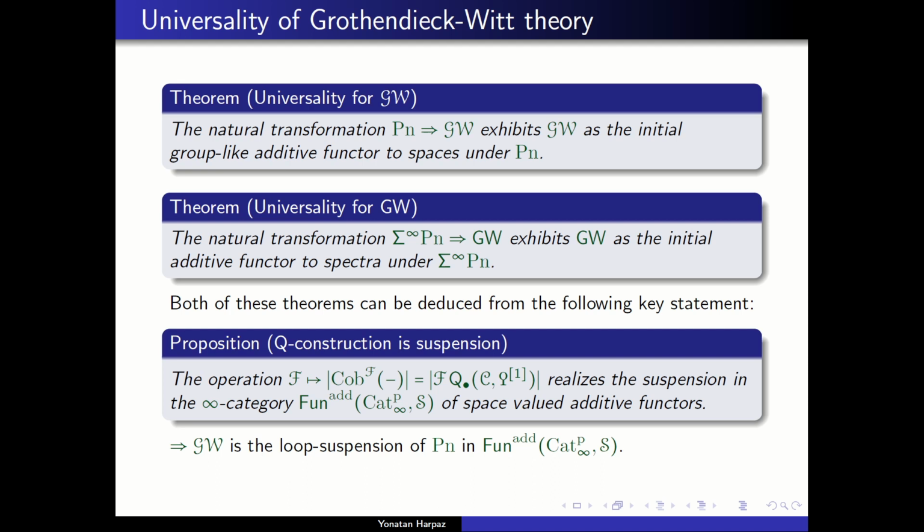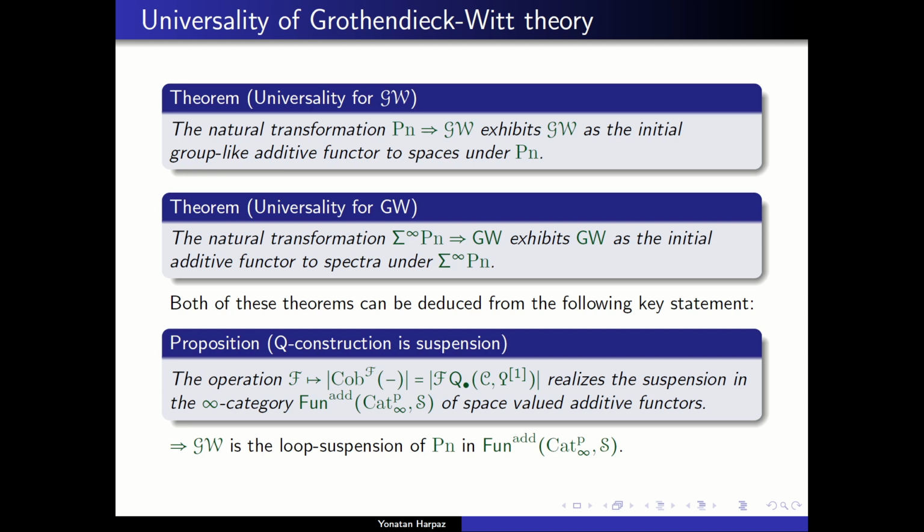And in this case, one can show from completely formal considerations, which have nothing to do with specifically GW or the Q construction, that in this context, the map to the loop of the suspension always realizes the group completion, or the universal group-like object under a given object.